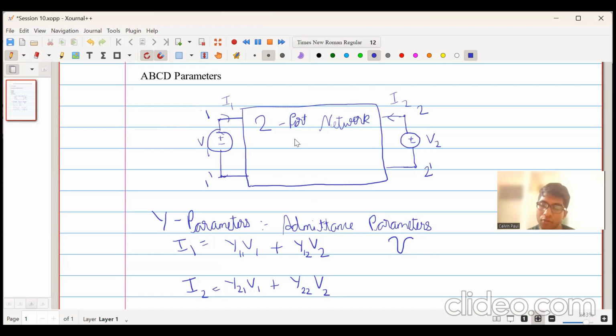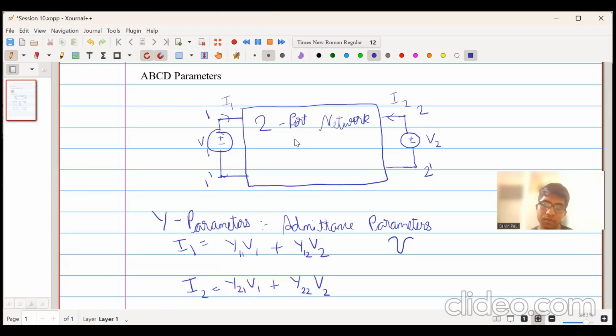So you have to conduct some sort of tests because you don't know what is inside. You conduct a set of tests, get some results, and based on the results you know some parameters of the two-port network. Using those parameters, you can use it for further purposes when we apply different inputs.